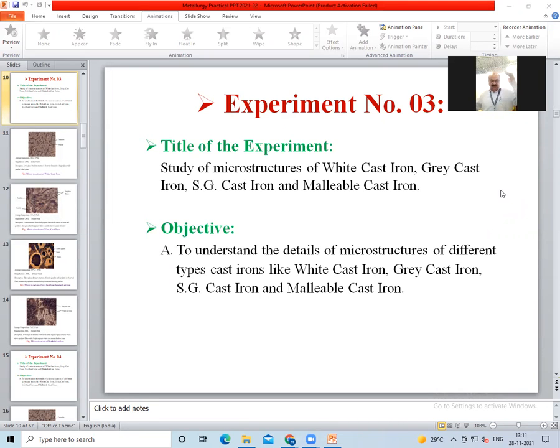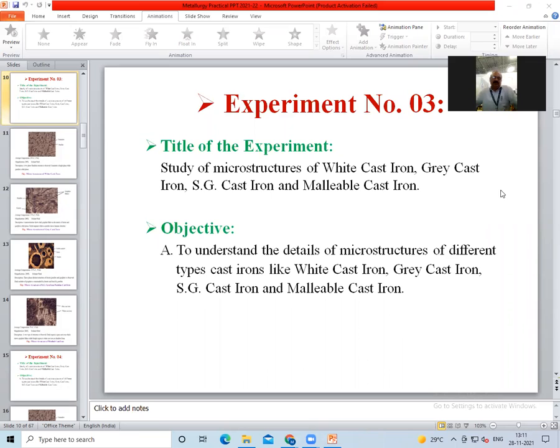But before doing any operations, maybe milling operation, maybe CNC or VMC operations, turning operation, boring operations, whatever operation we need to perform on the materials, to get easy operation on those materials, we need to study the microstructure and hardness of this.